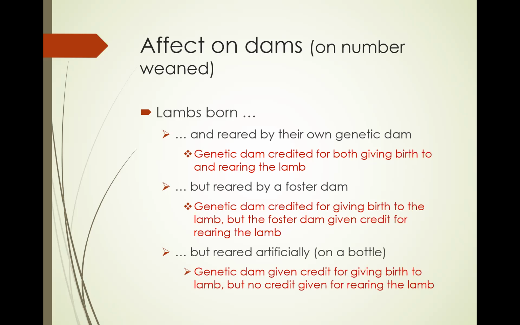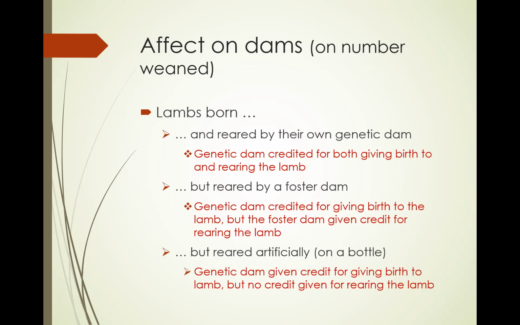And lastly, if we're talking about lambs that are artificially reared, again, the genetic dam needs to be credited for the litter size, the number born, but no credit should be given to any ewe for having reared that lamb, because that's being done by us on a bottle or through some artificial rearing program.